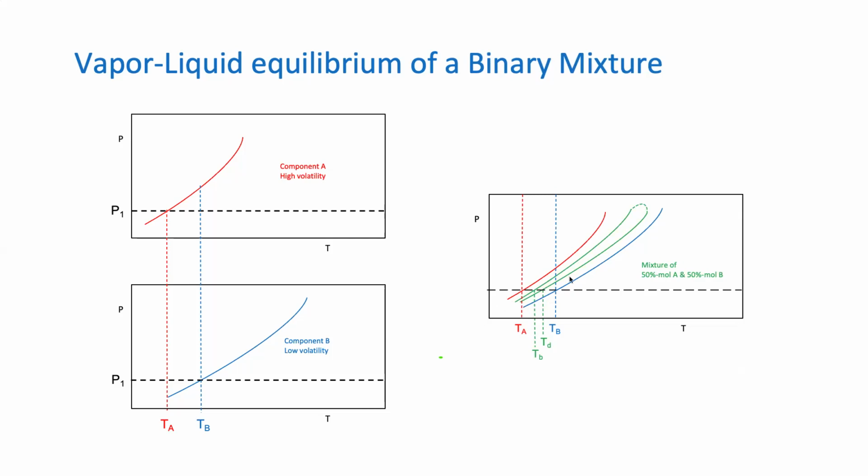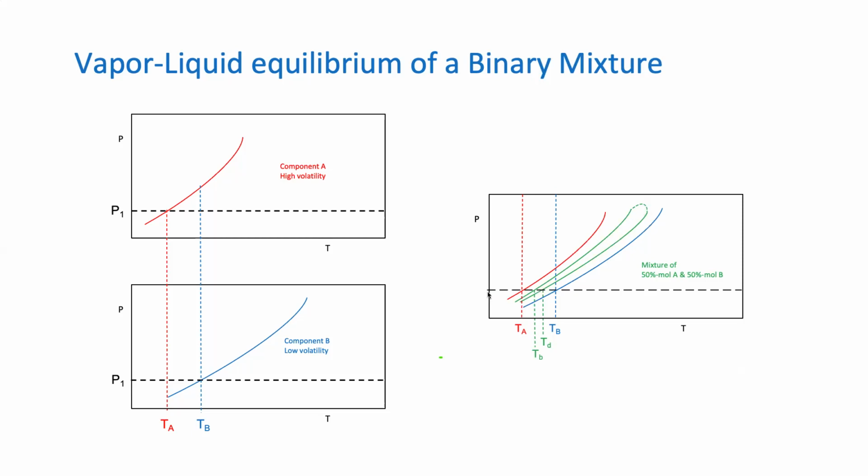So if it is a mixture of 50% mole of A and 50% mole of B, it won't have two separate graphs, but we will have a new graph like the green one here.